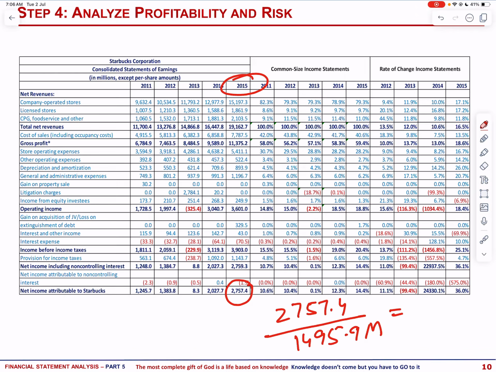So the earnings per share is 1.84. Companies typically disclose both basic and diluted earnings per share on their income statements to reflect potential dilution from convertible securities.